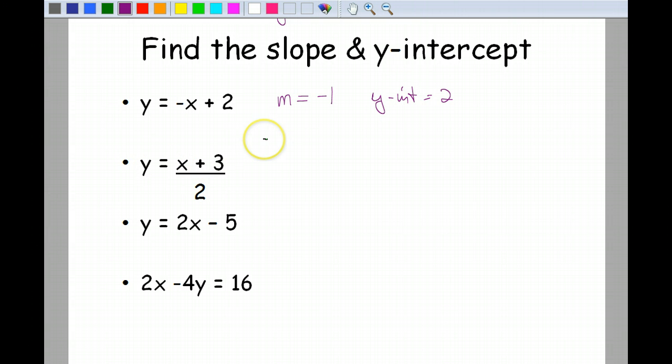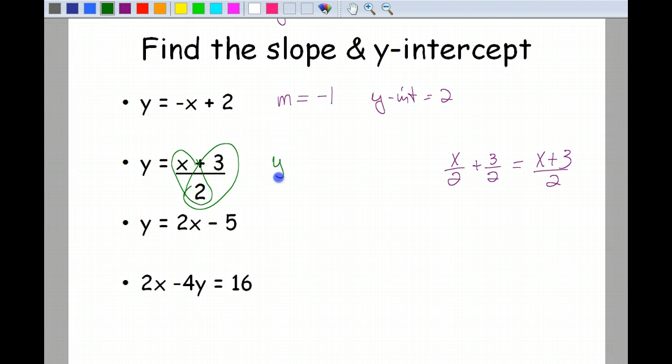Now let's look at this next one. Now it's all in a big fraction. But remember how we've done before. We know that if I've got x over 2 plus 3 over 2, and I were to add that with one denominator, I've got x plus 3 all over 2. I need to be comfortable breaking this apart. So another way you can look at it is x over 2 plus 3 over 2.